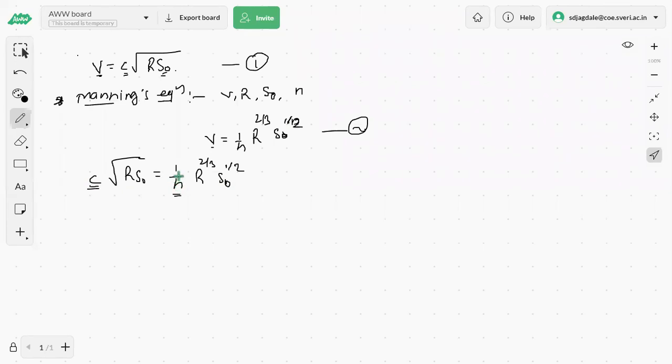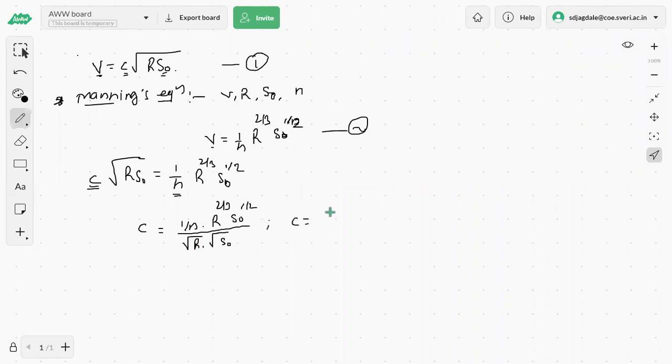If you rearrange the same, then we get C is equal to 1 by n into R raised to 2/3 into S naught raised to 1 by 2, divided by root R into root of S naught. The common terms will cancel, that is S naught with S naught. So what remains now?